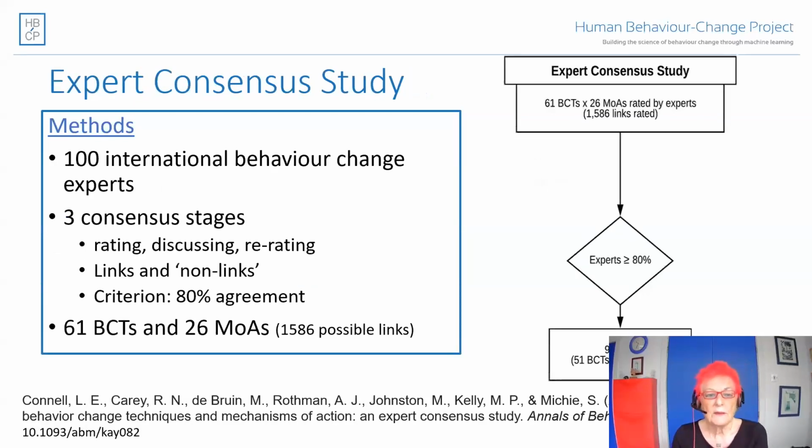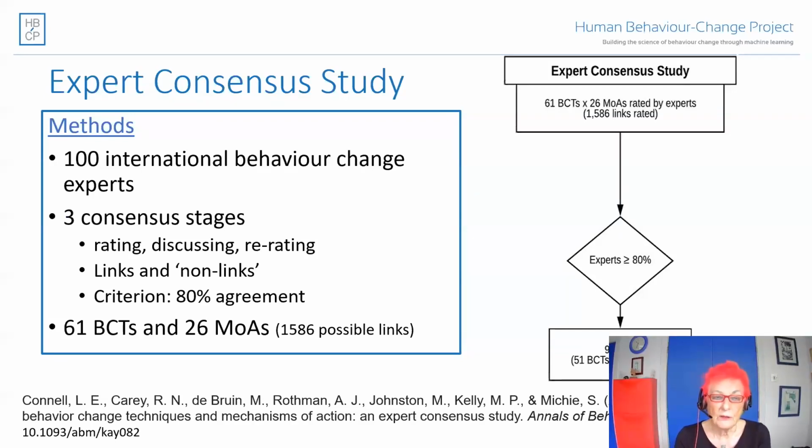In the expert consensus study, we recruited 100 international behaviour change experts. There were 3 consensus stages. First of all, they rated the links, then they discussed them, then they re-rated them. They were rating whether there was a link or a non-link. Did they think this BCT and mechanism of action were linked or were not linked? And we looked for a criterion of 80% agreement.